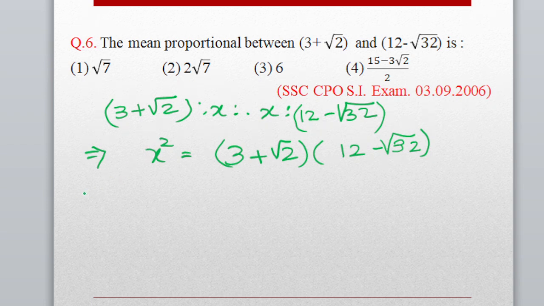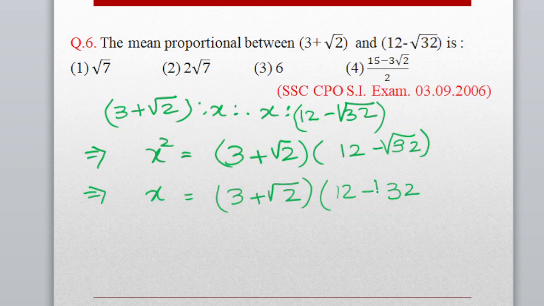So this implies x is equal to root over 3 plus root 2 into 12 minus root 32, whole root over.